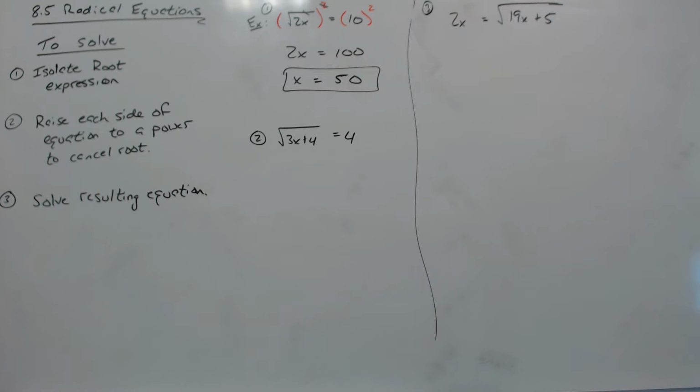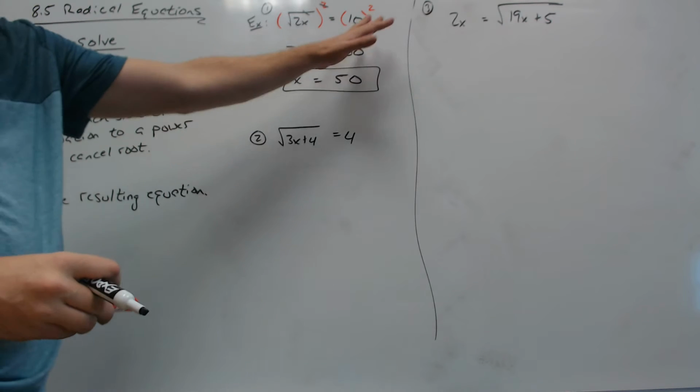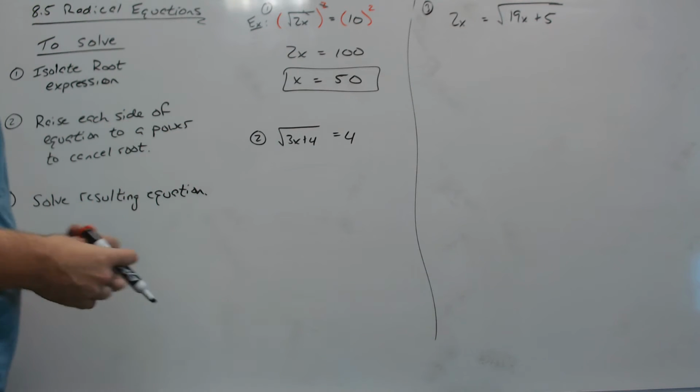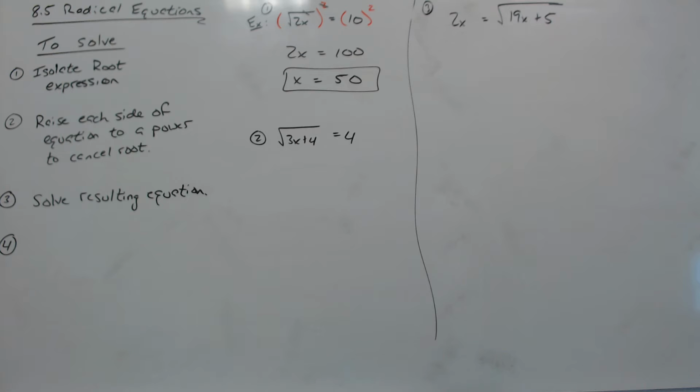The last thing that I should add here is what we want to do when we manipulate an equation in this way, when we square both sides of an equation. Sometimes we actually create a solution that isn't a solution, a lot like in Mod 7 when we found solutions that didn't actually work.